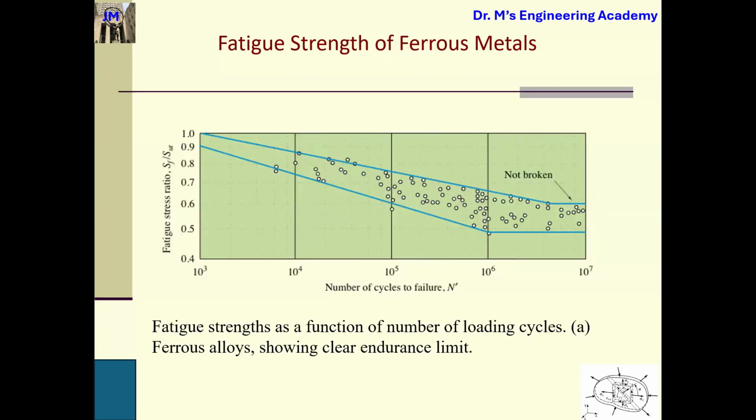For example, I can just draw a vertical line, and this vertical line intersects this straight line at this point. Then I just draw a horizontal line. This horizontal line gives the new ordinate, and this new ordinate is the fatigue strength if you want this number of cycles to failure. Understand? So NT is the number of cycles to failure, and the corresponding SF prime is the fatigue strength.